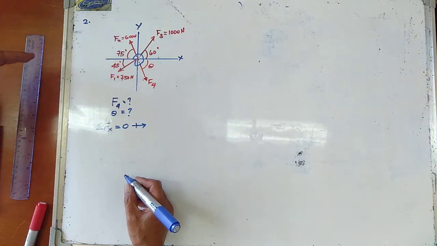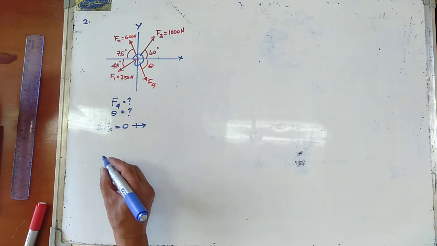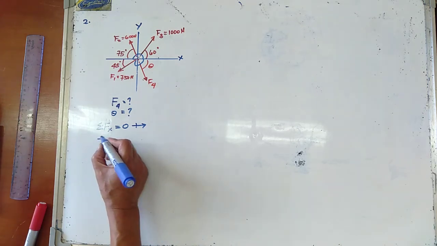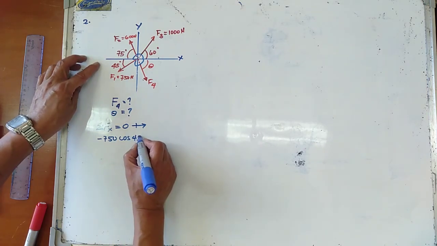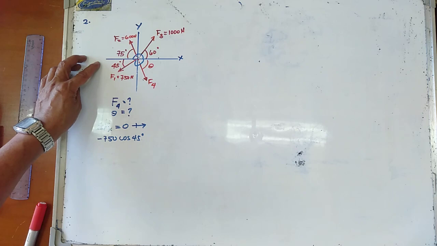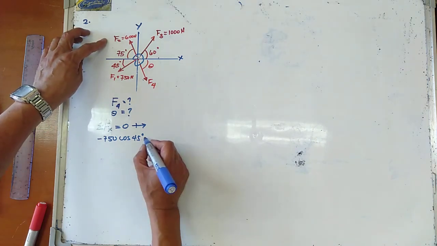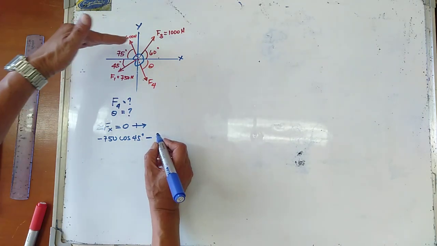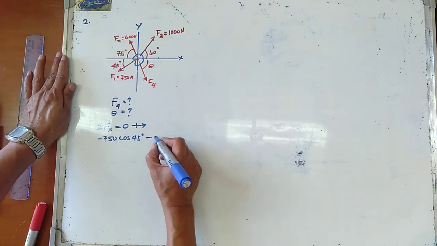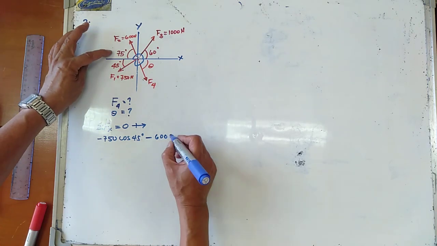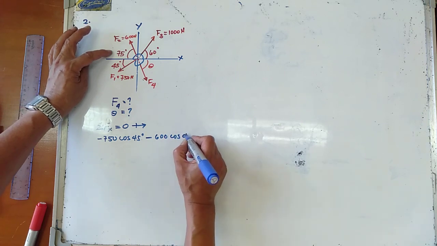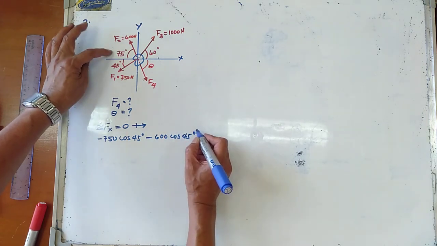F1, the x component is going to the left. So that is minus 750 cosine of 45 degrees. Your F2, the x component is still going to the left. So minus 600 newtons cosine of 45 degrees.